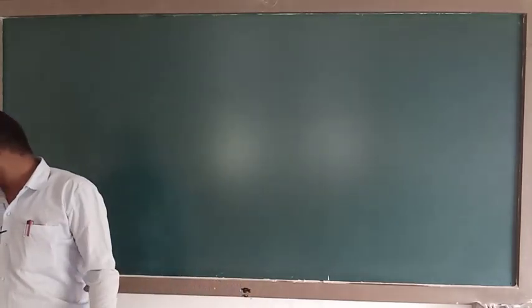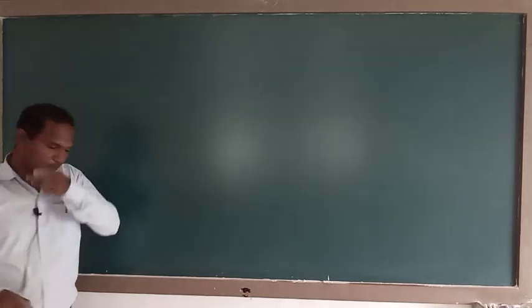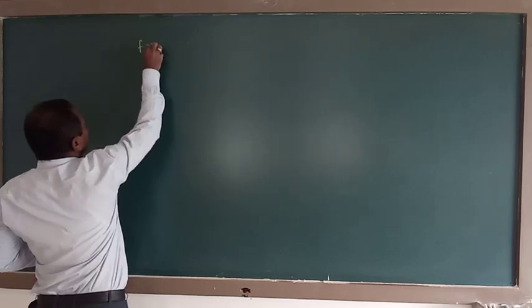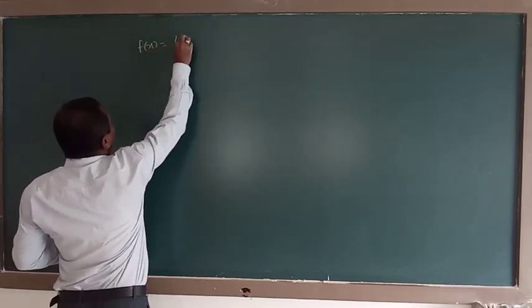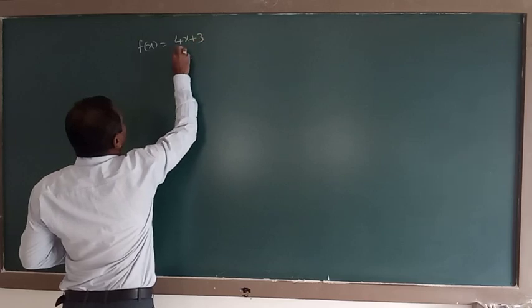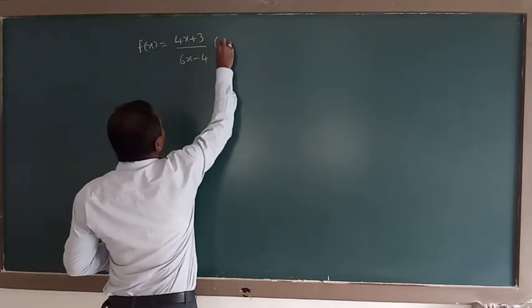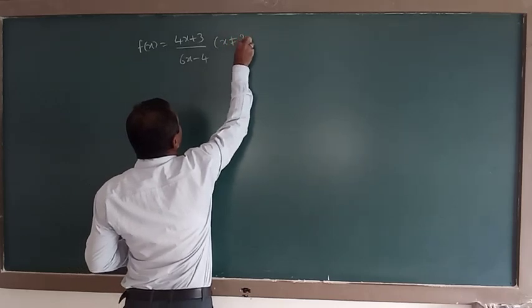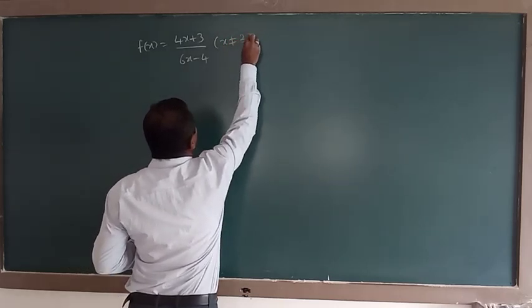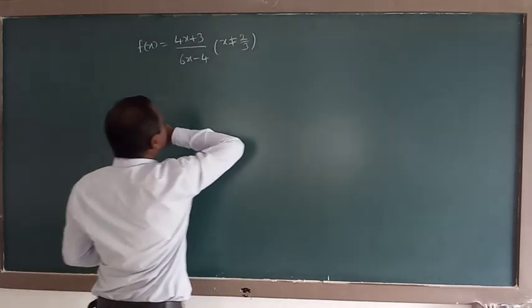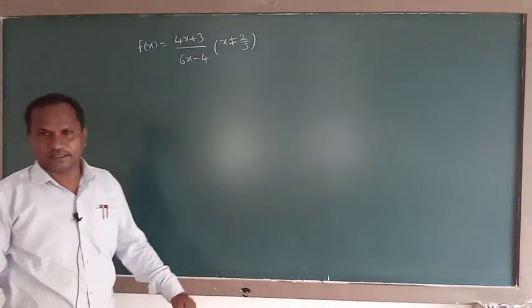The next question: f of x is equal to 4x plus 3 whole divided by 6x minus 4, where x is not equal to 2 by 3.